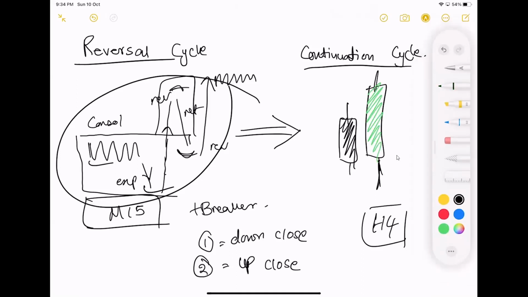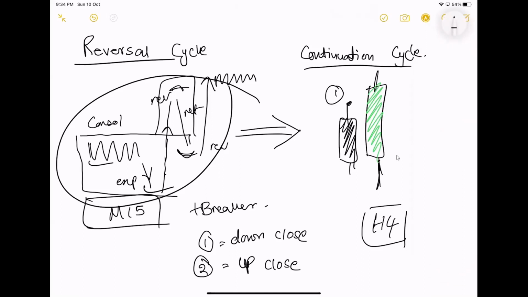Now, where are you going to be keeping your buy limit? Is your buy limit going to be at point number 1, or at point number 2? Now be smart with it, okay? Or in between. So you have 3 options, 1, 2, or in between.